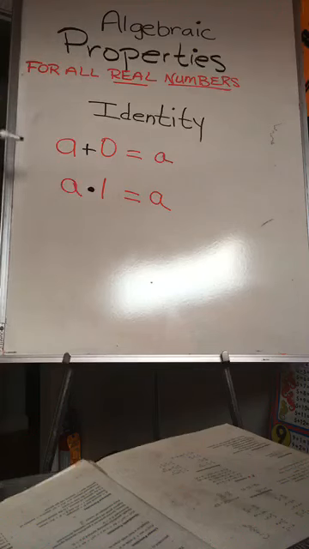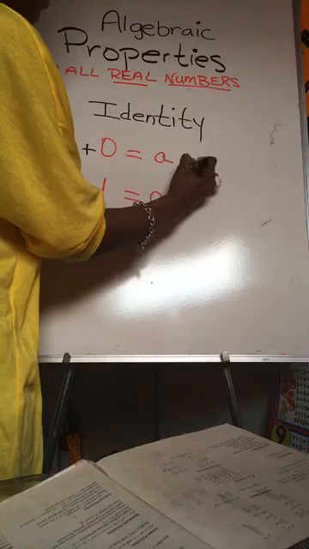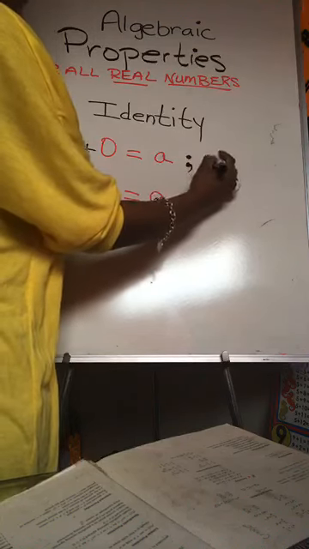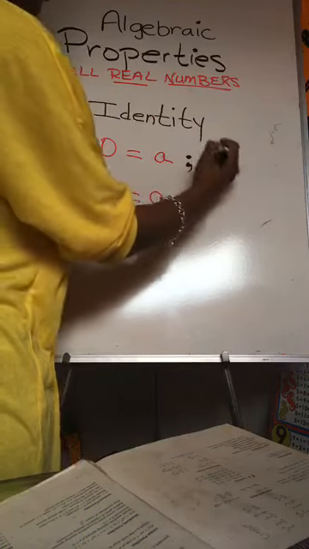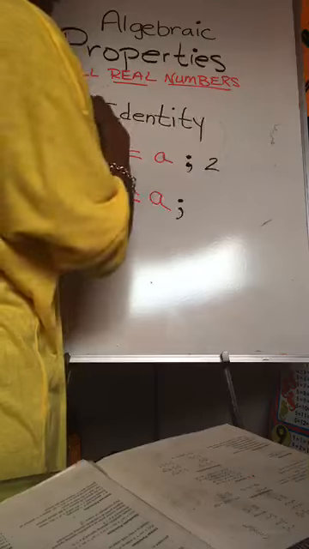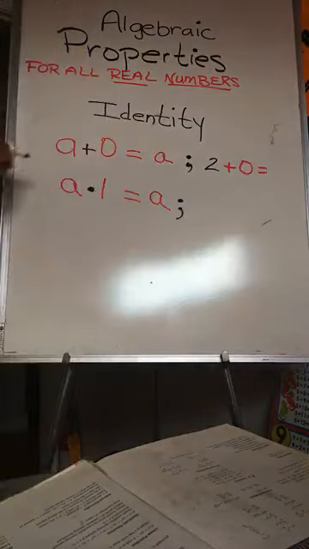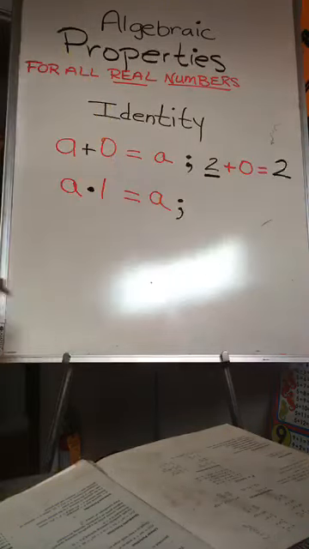All right, so let's do an example. What if I allow A to be 2 plus 0? What do you think that's going to be? It's whatever A is, which is 2.